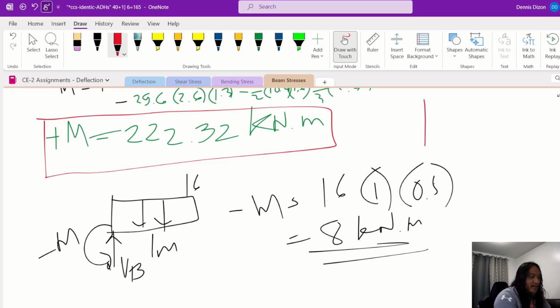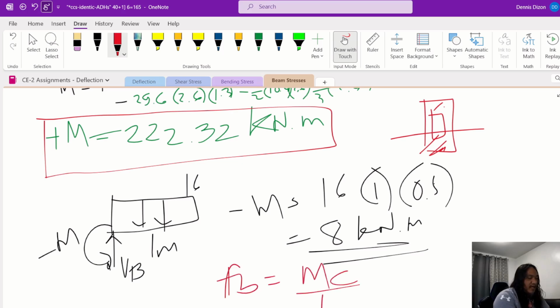So if this is our section, but because this is irregular, your neutral axis should be closer to the bottom because this is thicker. This area here is thicker than this one. So when we solve for the maximum compressive stress here, which is if B is equal to MC over I, now this time we cannot use the 6M over BD squared because this is a hollow rectangle section.